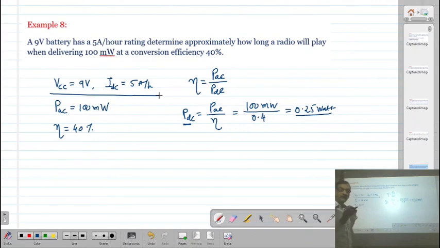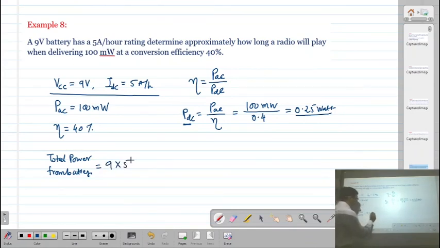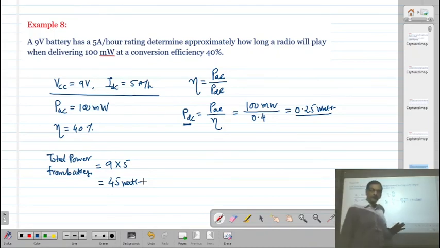So we can calculate the total power from the battery, which will be equal to 9 into 5, that is 45 watts. So the total energy of the battery is 45 watt-hours.